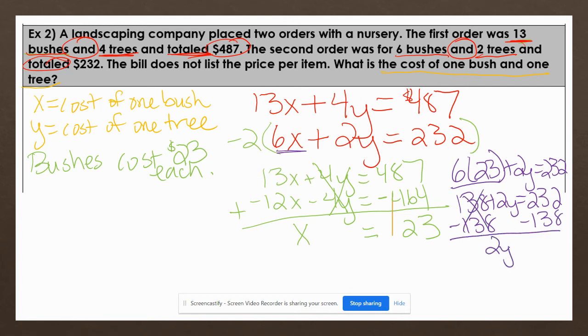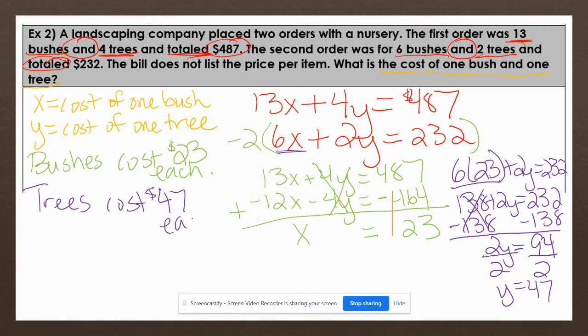That gives me 2y is equal to 94. Divide by 2, and we get y is equal to 47. So trees cost $47 each. Well, that wasn't too bad.